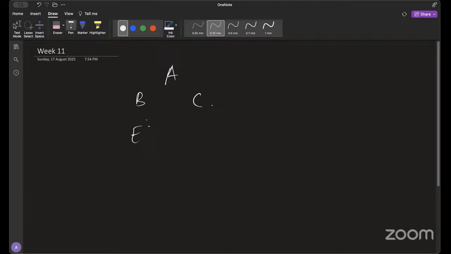If there was an edge from A to E, you would see E here on the first level, which it's not. That's how you identify it. So A and E cannot be an edge, because if it were an edge, you would see E on the first level. That's how you check if it's an edge or not.